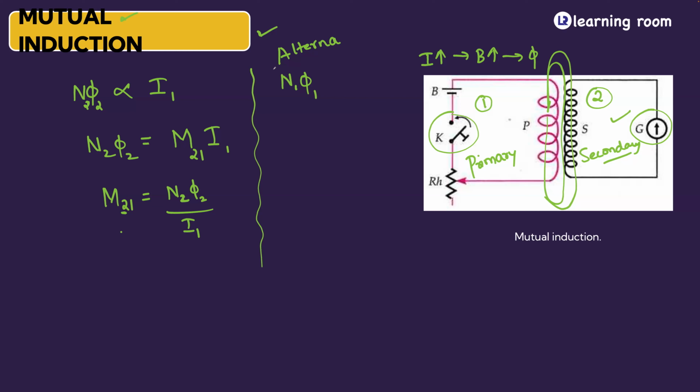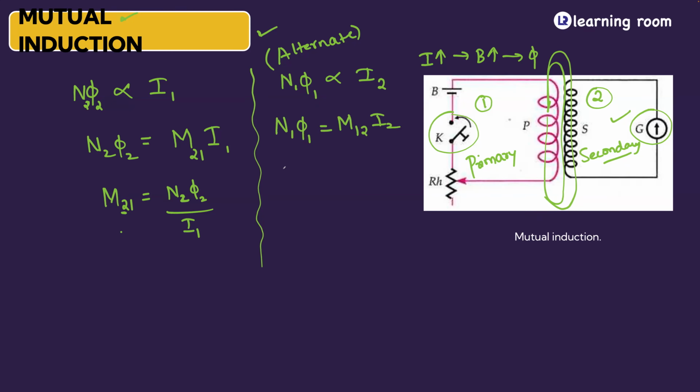It is not correct with respect to this diagram. For this diagram, there is a logic. But the other thing is, if I write N1 phi 1, you tell me what am I supposed to write on the other side? Flux induced in one coil is possible only when the current is changing in the other coil. So if I write 1 here, I should write 2 here. So N1 phi 1 should be equal to what?